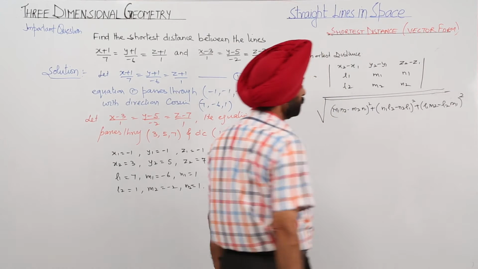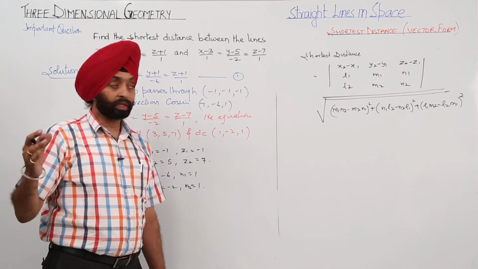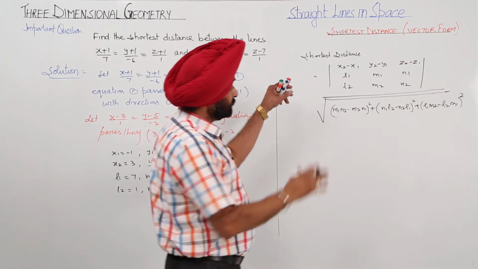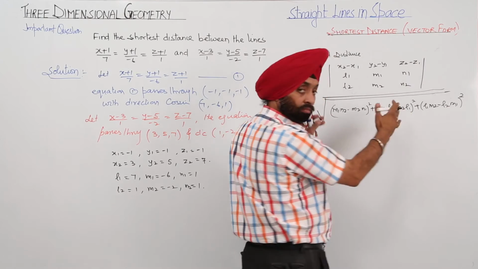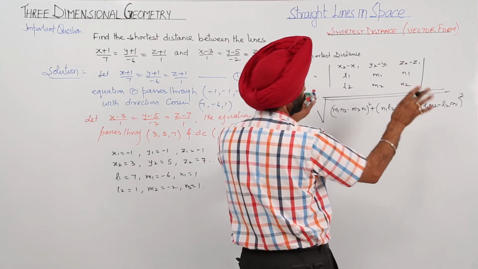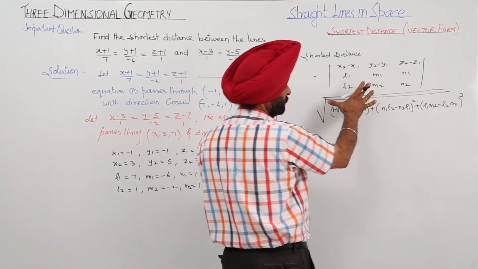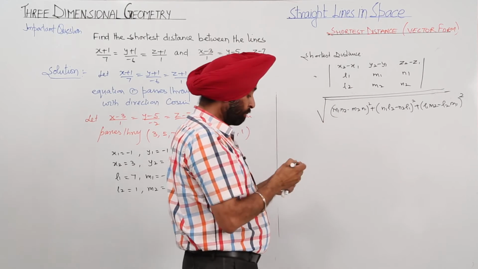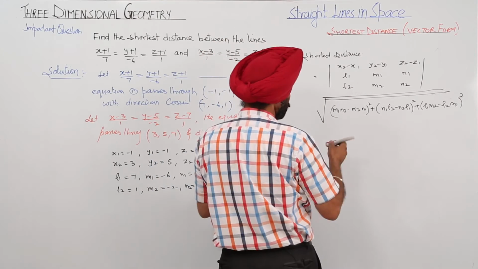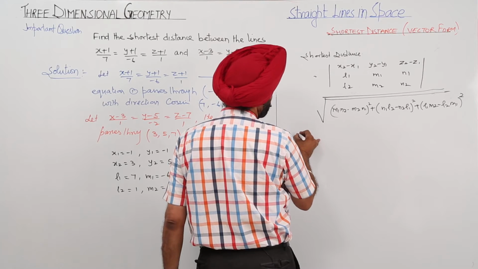Now this is the formula. We have already derived the formula. Now either you can do it directly step by step, or the best part is to solve the numerator and denominator separately.